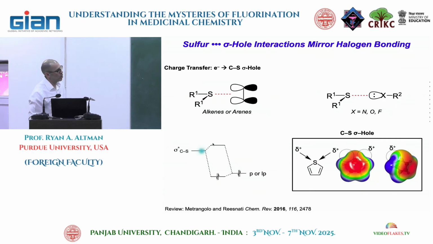So you get a net stabilization, and these can be reasonably powerful interactions. And you can see that the sigma holes that have been calculated are anti to the carbon-sulfur bonds. This is a thiophene, but there's also sulfur in many proteins. We have our methionines, we have our cysteines.